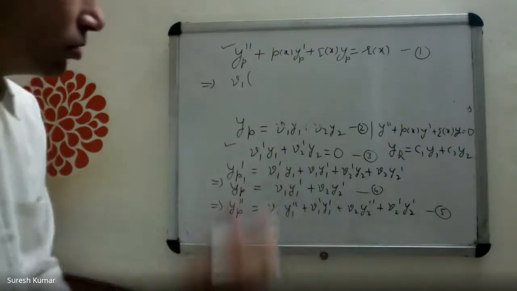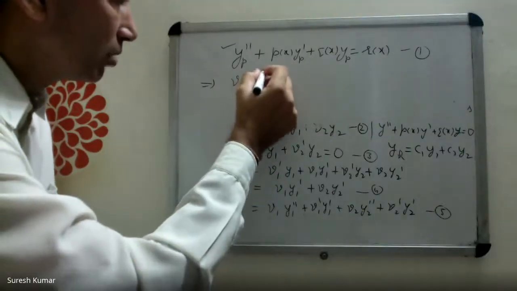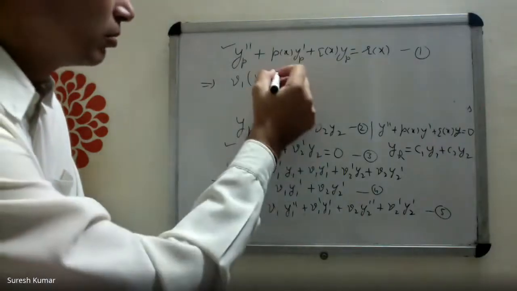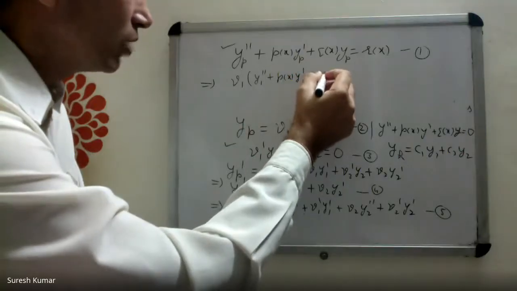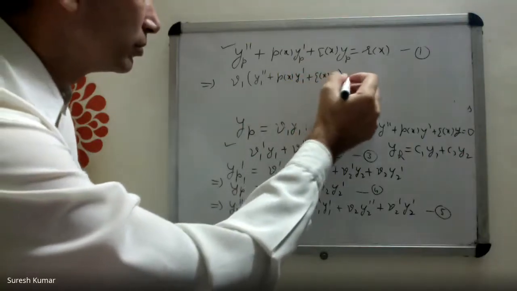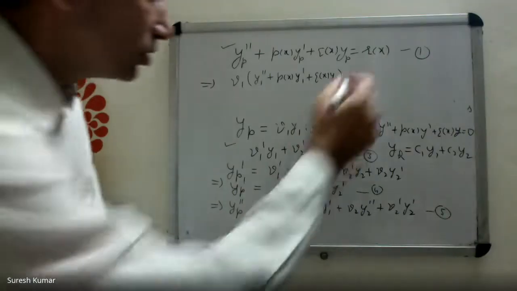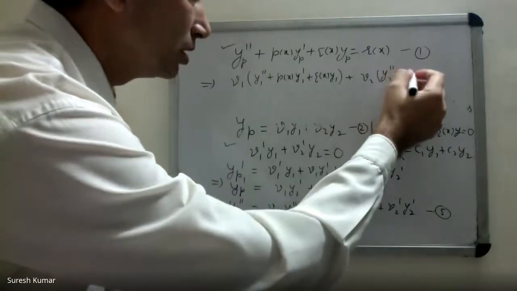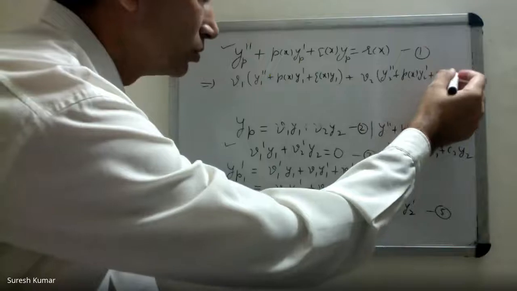Okay, so what is the coefficient of v1? It is y1 double prime plus px y1 prime plus qx y1. Likewise, coefficient of v2 is y2 double prime plus px y2 prime plus qx y2.